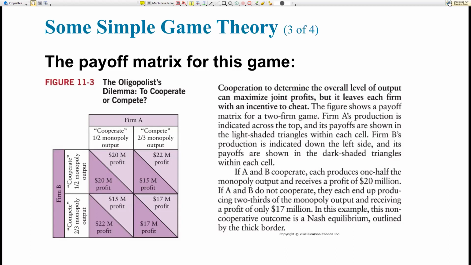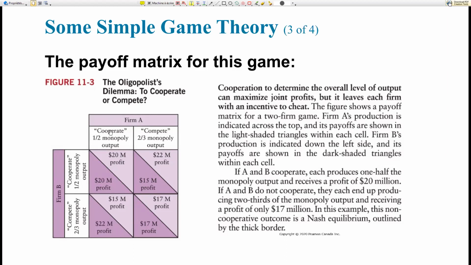If firm A decides to betray the other firm, then firm A is going to get more customers, and firm B is going to lose many customers because they won't like to pay a high price, so they're going to go to firm A instead. So firm A is going to get 22 million, and firm B is going to have much lower, 15 million.